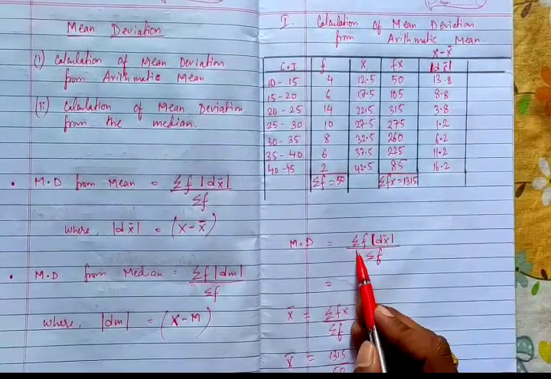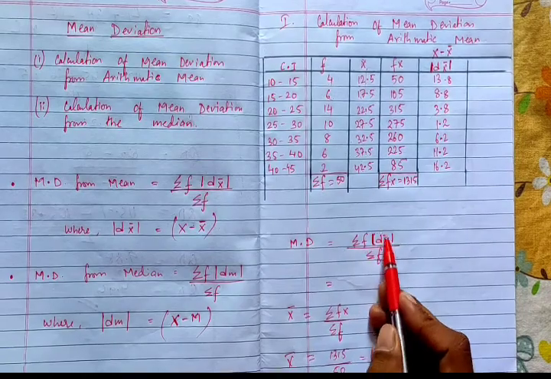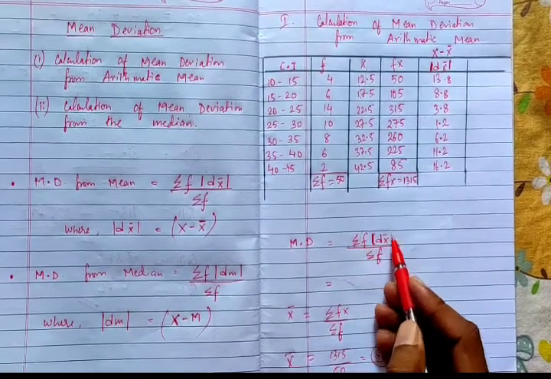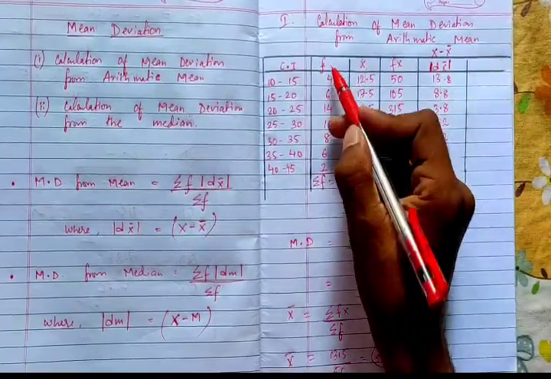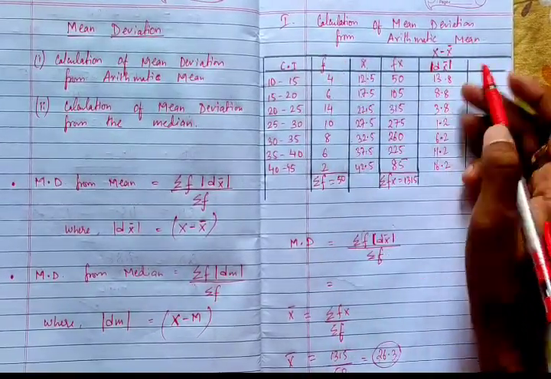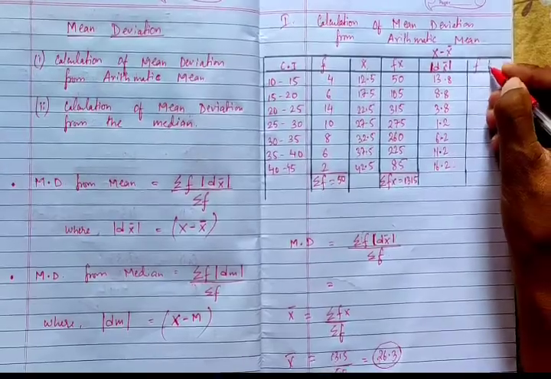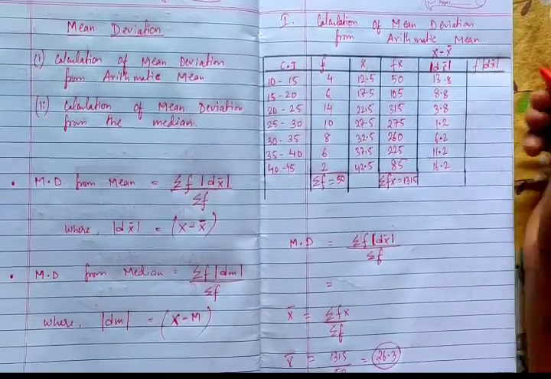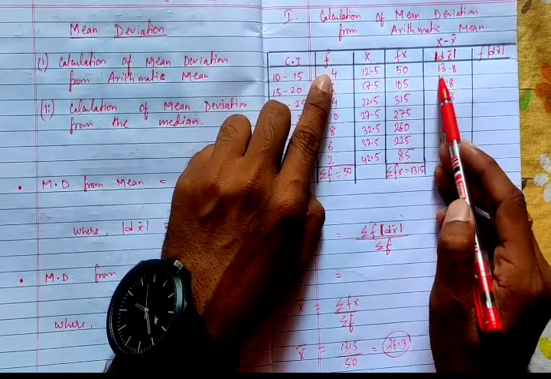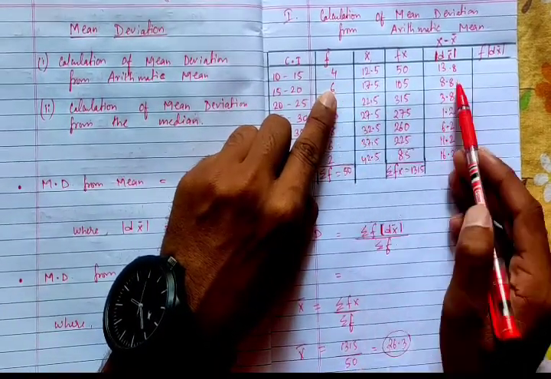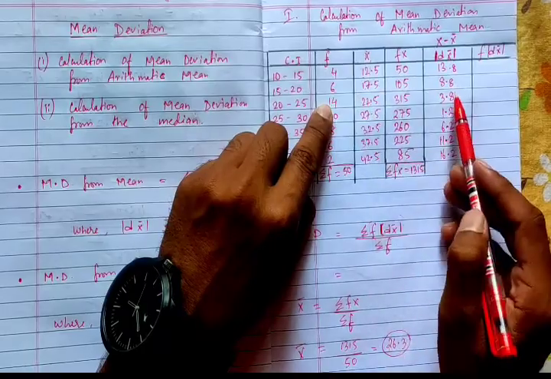Now what do we need here? Summation f dx bar. So we need the total of f dx bar, meaning we have to multiply f with dx bar. That is, we need one column of f dx bar. Clear? So we have to multiply 4 into 13.8, 6 into 8.8, 14 into 3.8.